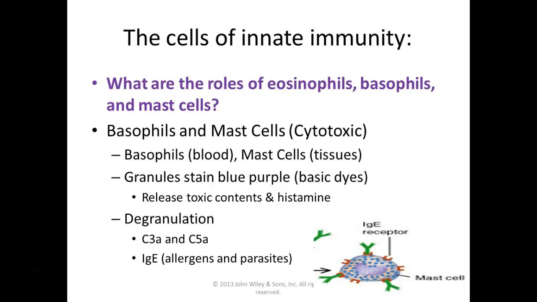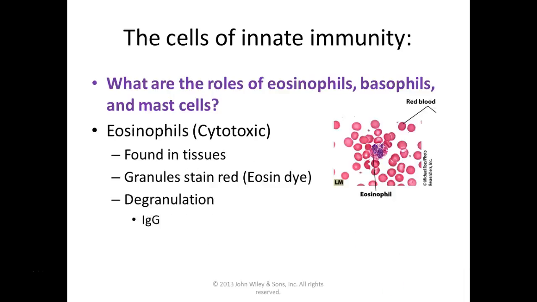So for mast cells and basophils, it's IgE. For eosinophils, it's IgG. Right? So again, an antibody class, Ig, standing for immunoglobulin, the letter G in this case refers to that specific group of antibodies. Those will bind to the surface of the eosinophils. Again, they have a receptor specifically for these antibodies.